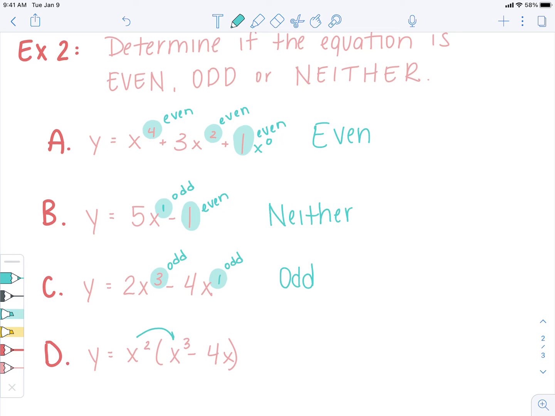So if I distribute this, dusting off your exponent rules, what happens when I distribute it? X squared times x to the third minus 4x.